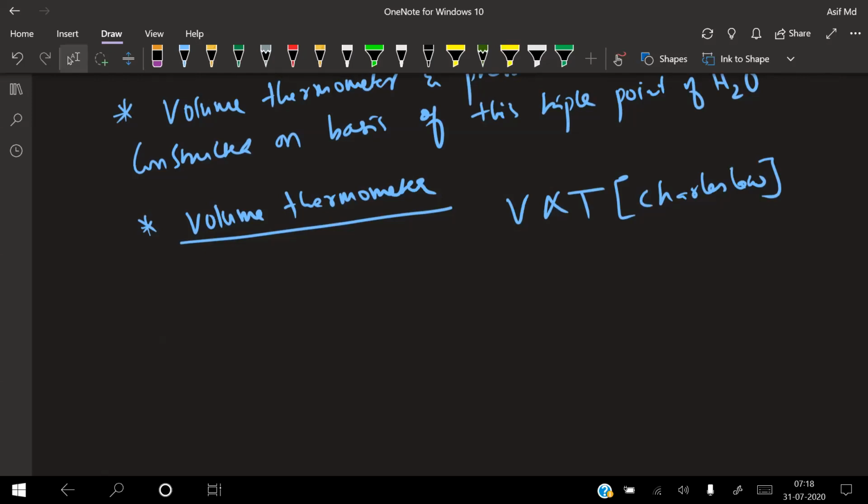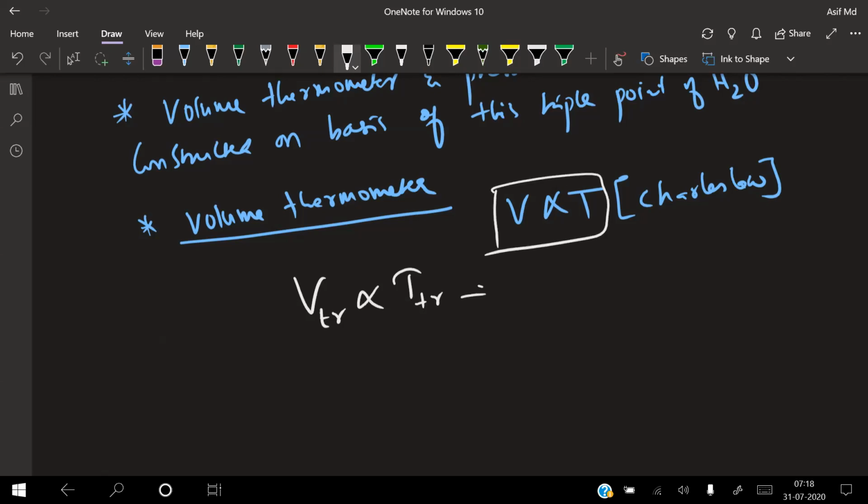This was done by an experimental scientist called Charles. That is the reason we call it Charles law for the given condition. That means volume at the triple point is directly proportional to temperature at the triple point. This is my equation number 1, and this is equation number 2.